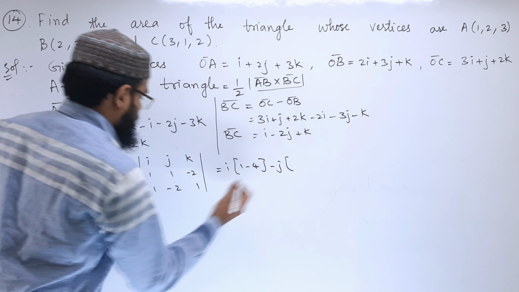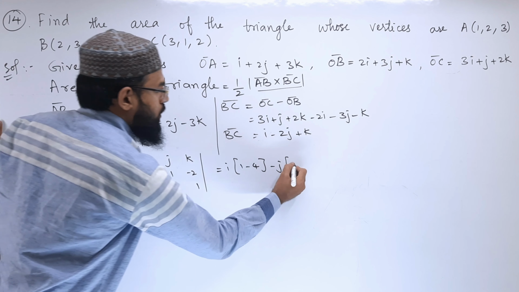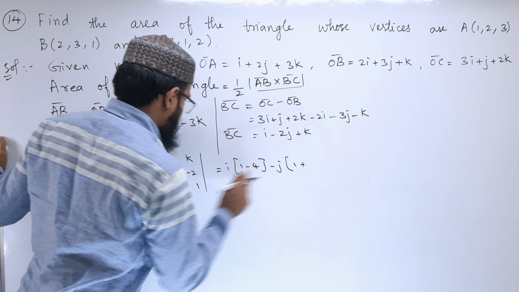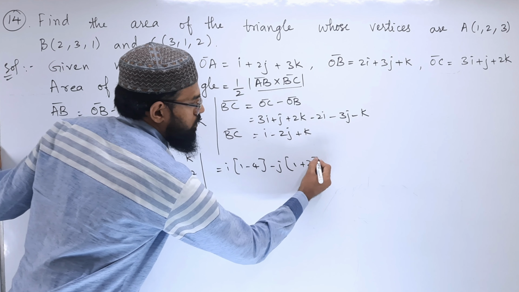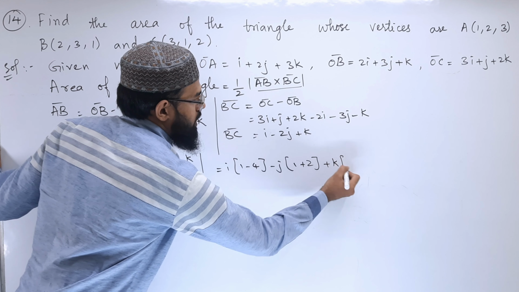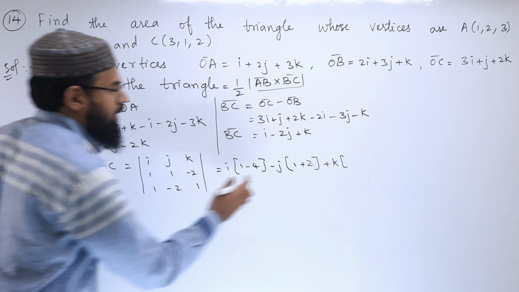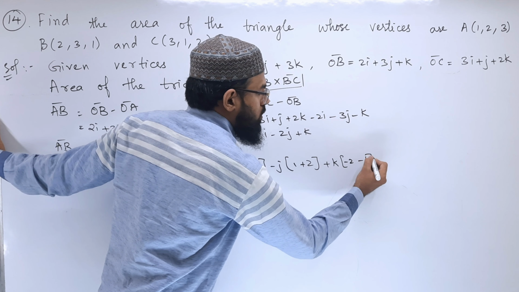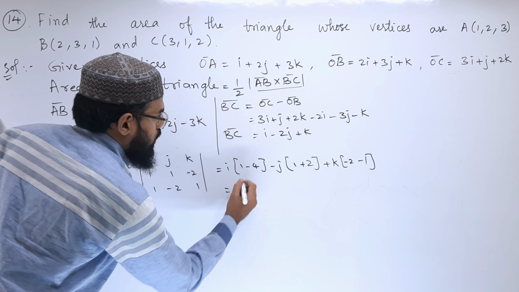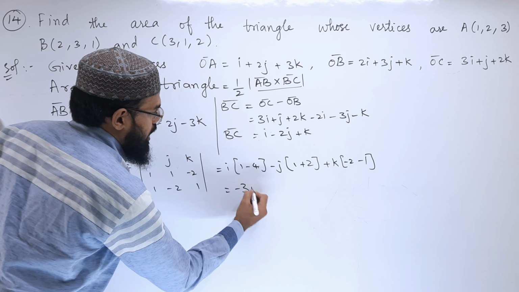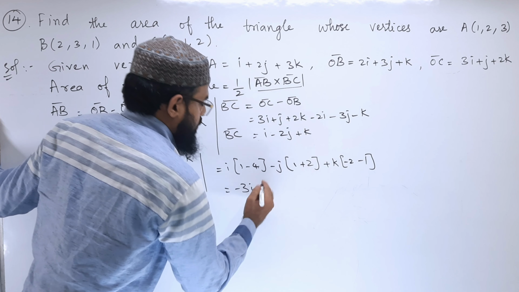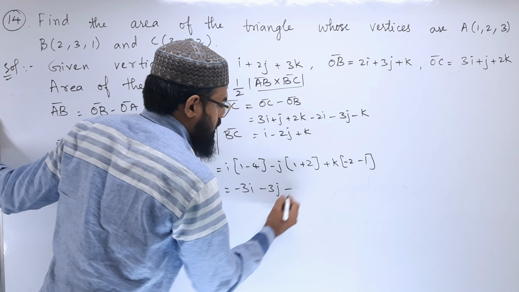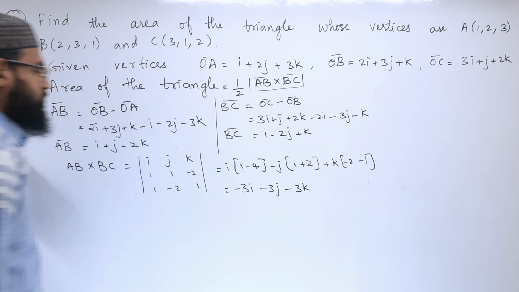Minus j times (1 into 1 is 1, minus into minus is plus, 1 into 2 is 2). Plus k times (1 into minus 2 is minus 2, minus 1 into 1 is 1). 1 minus 4 is minus 3i. 1 plus 2 is 3, minus 3j. Minus 2 minus 1 is minus 3k.